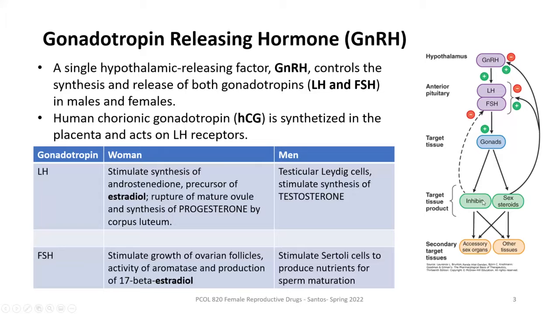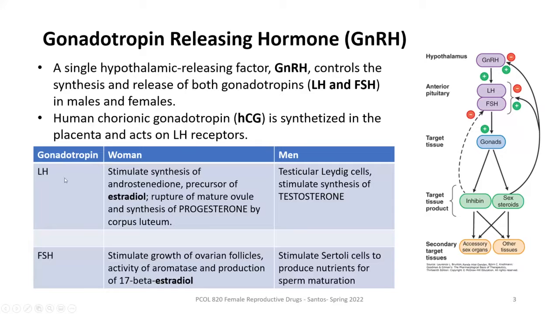We also see a protein called inhibin, which is produced by the target tissue and specifically inhibits FSH, but not LH, secretion by the anterior pituitary. Another thing to call attention to in this slide is the hormone human chorionic gonadotropin, HCG, which is synthesized in the placenta and has its effect by binding to luteinizing hormone receptors.